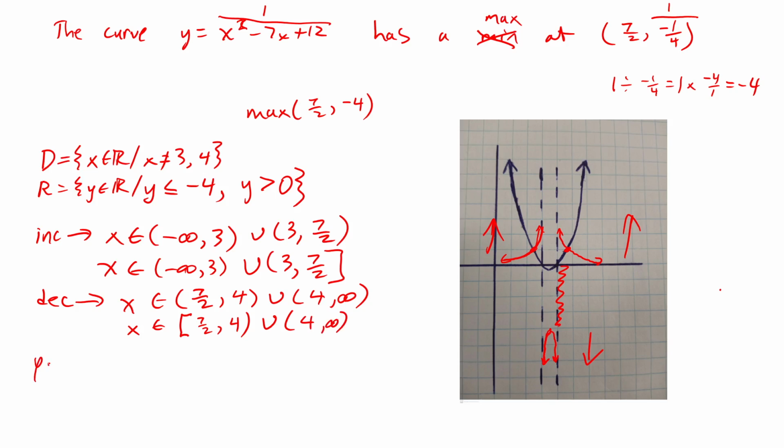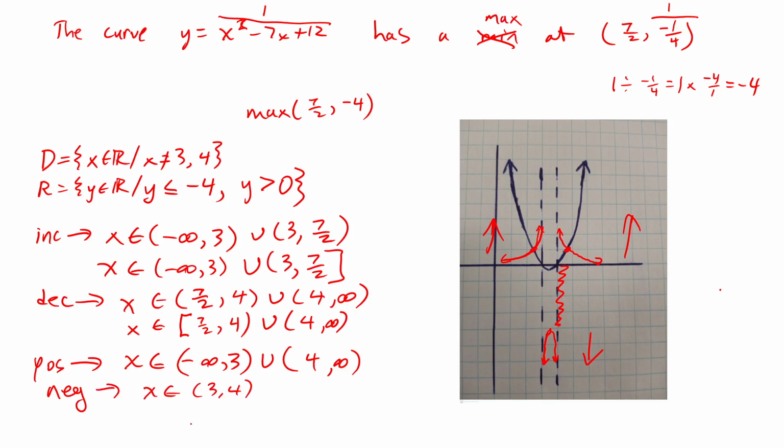Now, our positive interval is going to be any x value from negative infinity to 3, in union with any x value between 4 and infinity. Our negative interval is going to be any x value between 3 and 4. Our horizontal asymptote is at y equals 0, and our vertical asymptotes are at x equals 3 and x equals 4.